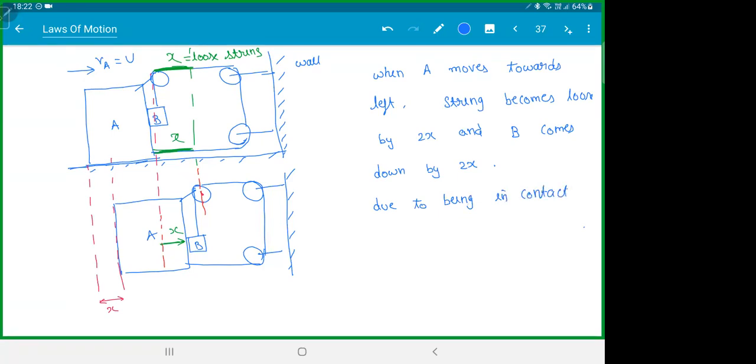That means this block B here will go 2u downward and will also go u forward. So velocity of B will be u i cap minus 2u j cap. Check.